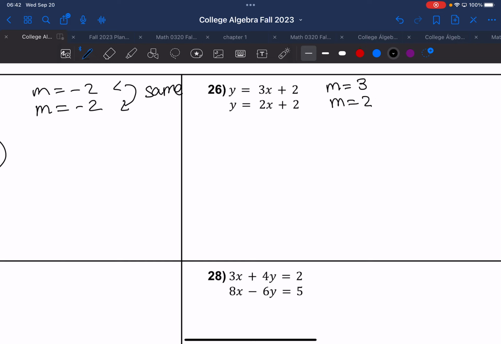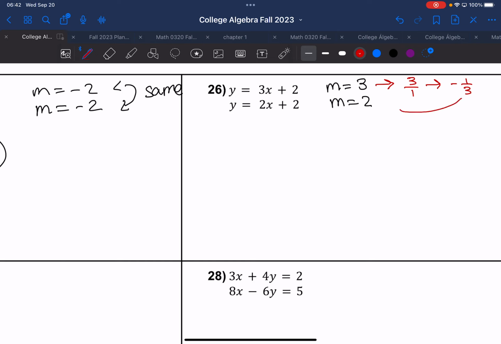So we know they're not the same, so that crosses out parallel. But what we need to do to one of the slopes is take the opposite reciprocal and see if we get 2. Let's assume that 3 can be written as 3/1. If I flip the fraction and change the sign, what would that slope be? -1/3.